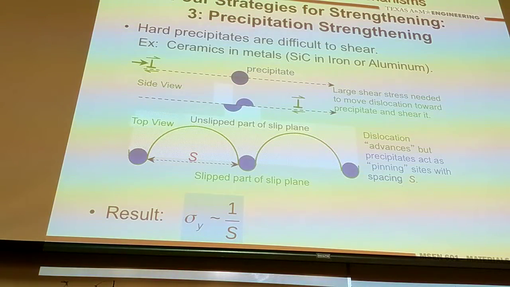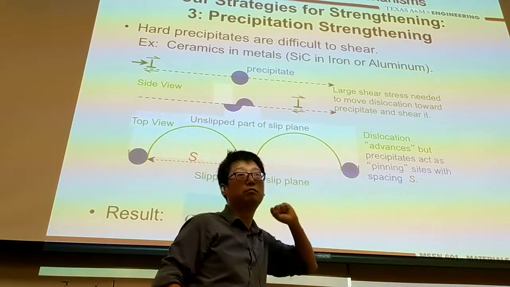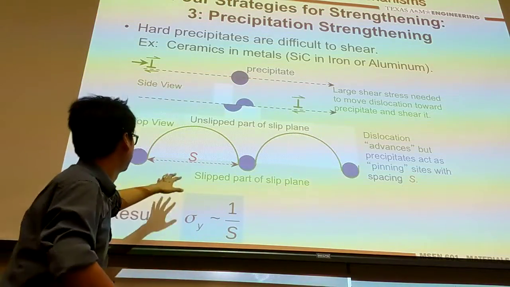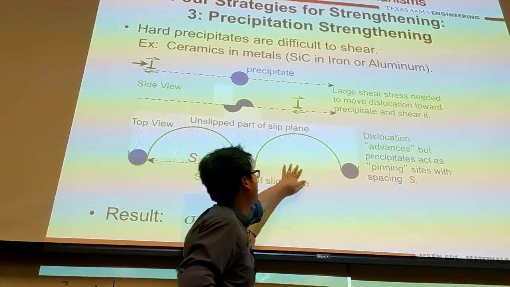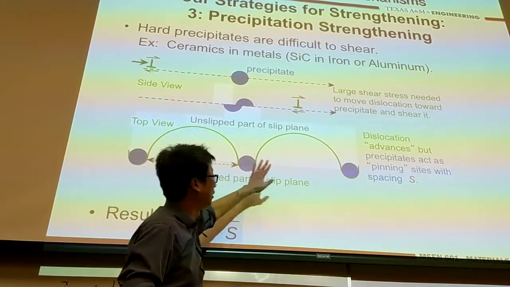Because of this mechanism, you can think about multiple dislocations and precipitates inside this matrix. These are the matrix, the white area, and these are precipitates.